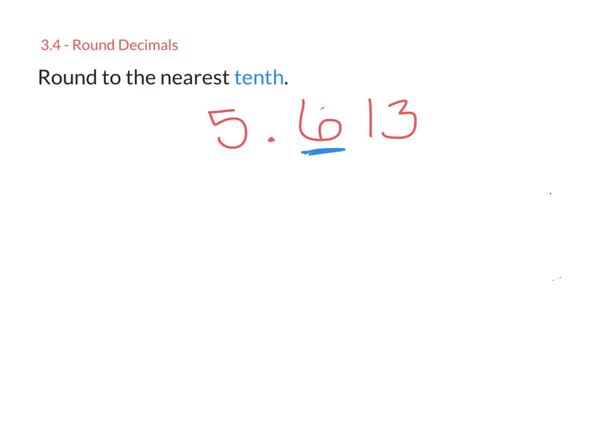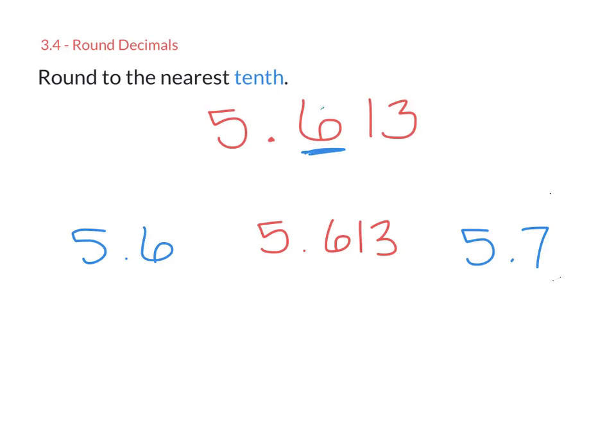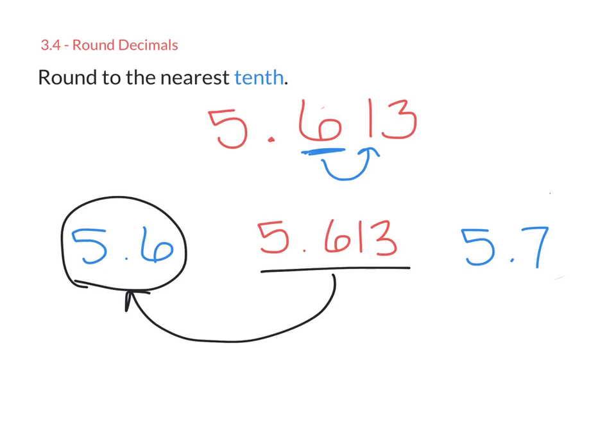So 5 and 613 thousandths is between 5 and 6 tenths and 5 and 7 tenths. 5 and 613 thousandths is greater than 5 and 6 tenths, but it's less than 5 and 7 tenths. So we're going to look one place to the right. One place to the right, we have a 1. That tells us we're going to round down. So 5 and 613 thousandths rounds down to 5 and 6 tenths. It's closer to 5 and 6 tenths than it is to 5 and 7 tenths.